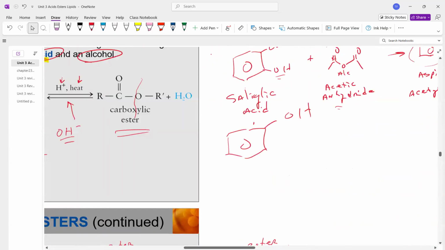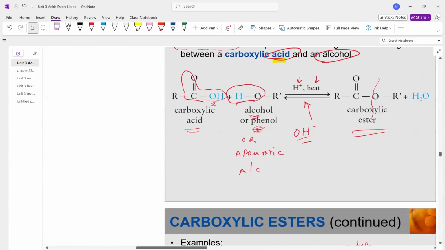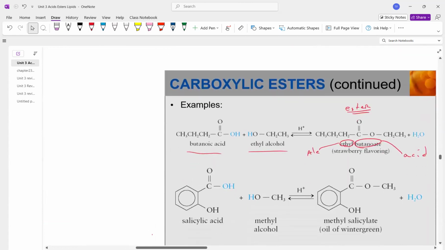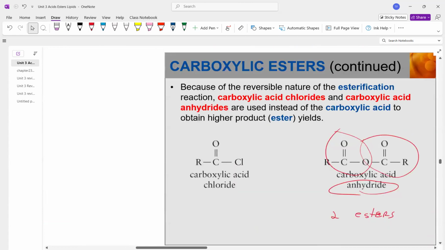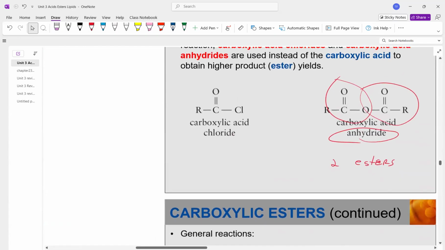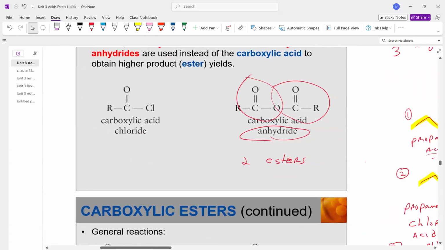Now, an anhydride looks like this. I always tell people an anhydride is like two esters together, and they share a common oxygen in the middle.